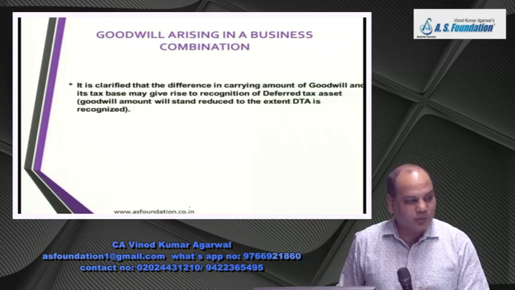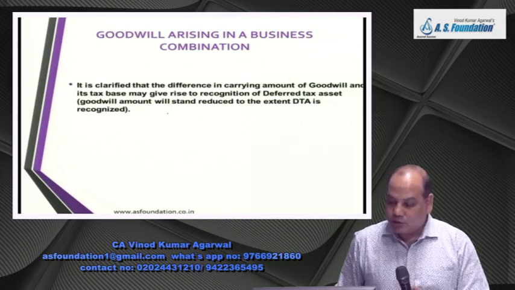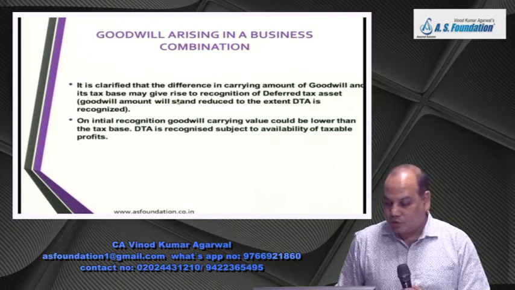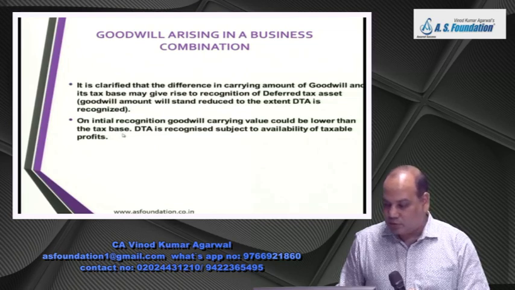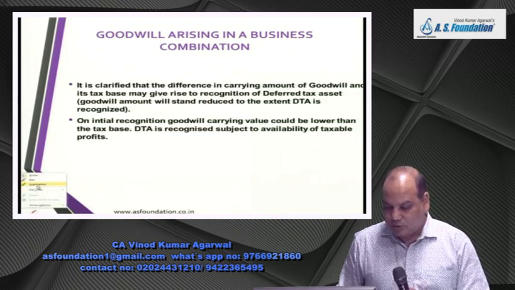I will show you with the help of one equation. Okay. So in that case, you will recognize DTA on goodwill. Goodwill amount will be reduced to some extent. Now just check whether this line I have written in your book. Is it written?